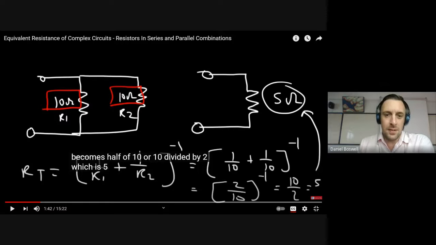It gives us 5. But what they're saying here is you can use fractions also. When it's the negative of 1, you just swap the fraction around. So it's 2 divided by 10, negative 1, you put 10 divided by 2 equals 5.